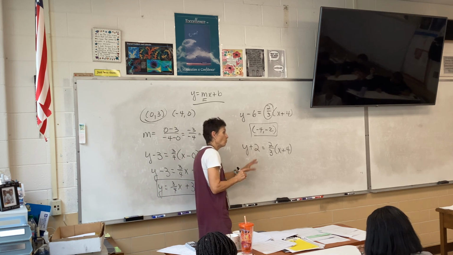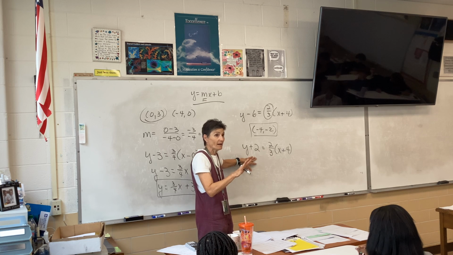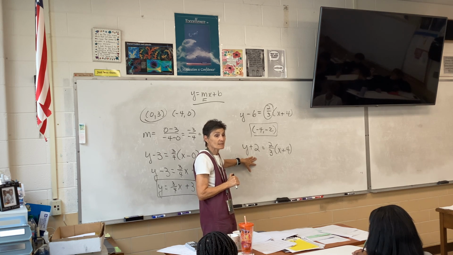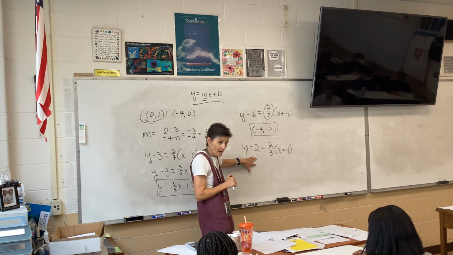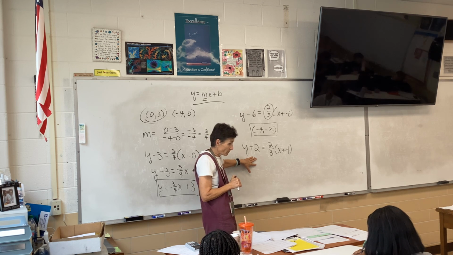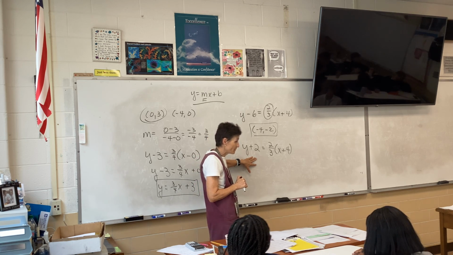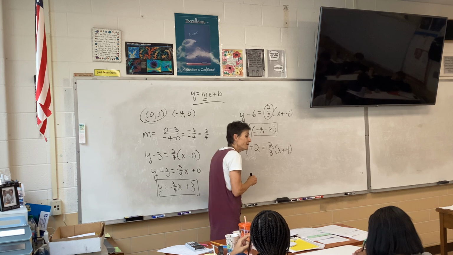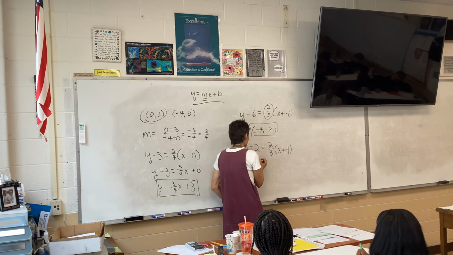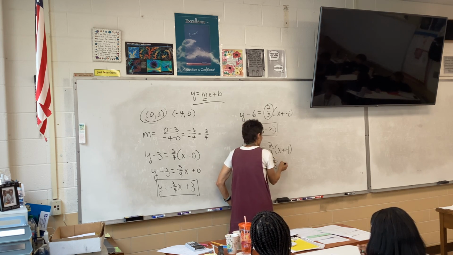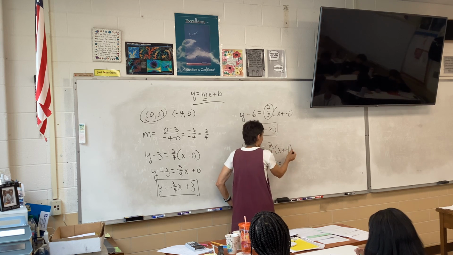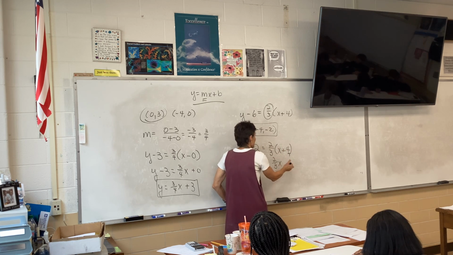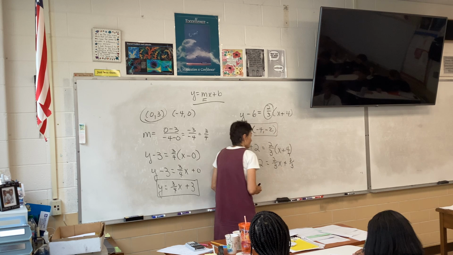If we were allowed to leave it in point slope, we would be done. But it says slope-intercept, so we have to do a little more work, right? What were you going to say, Peter? Nothing. So y plus 2 equals 2/3 x. Remember, when you multiply fractions, it's straight across, so that'll be plus 8/3.